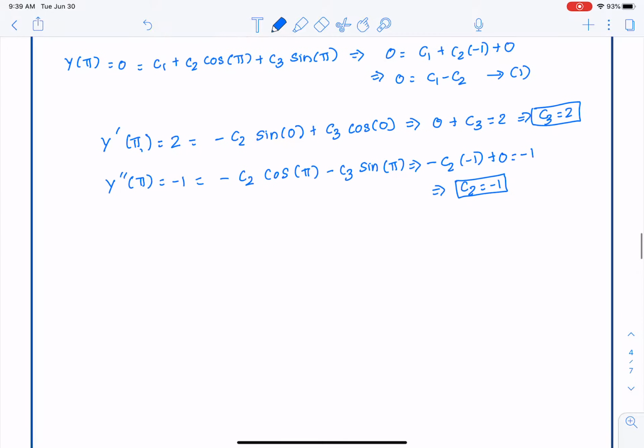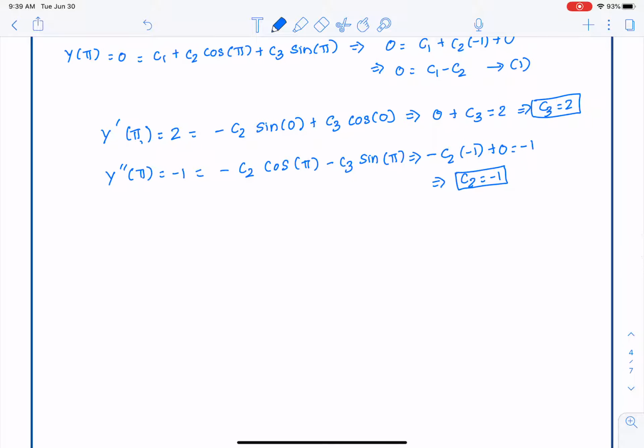Plugging c2 in equation 1, we will get c1 minus of -1 equals 0. c1 plus 1 would equal to 0, which should imply c1 is -1.